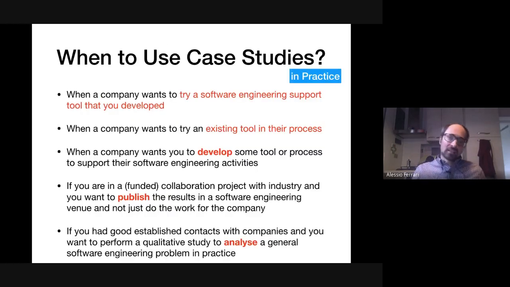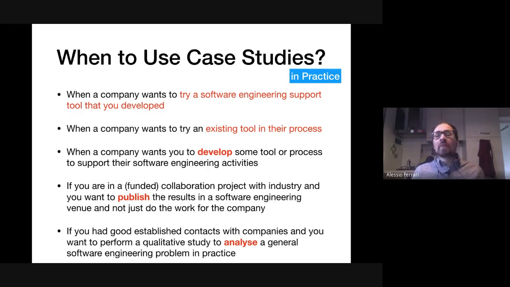But in practice, when do you use case studies? You normally don't have so many choices. You cannot decide so much, because in some cases, there is a company that wants to try a software engineering support tool that you developed.